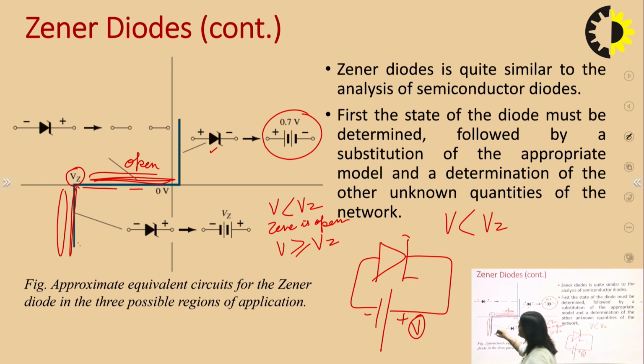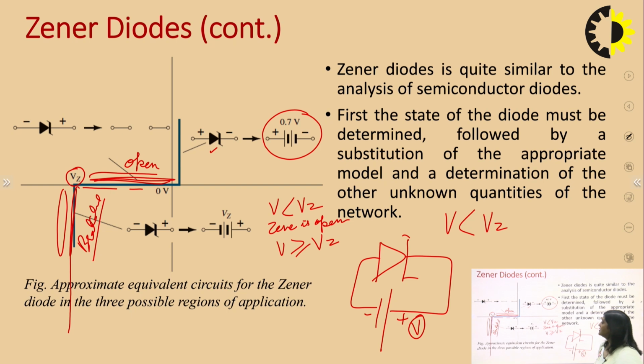This region is the breakdown region. In this region, we can see the voltage remains constant. We continue increasing the reverse bias voltage, but we will see that VZ remains constant. Only the current will be increasing. So at this point, the Zener acts as a voltage regulator, meaning voltage will be constant across the Zener.